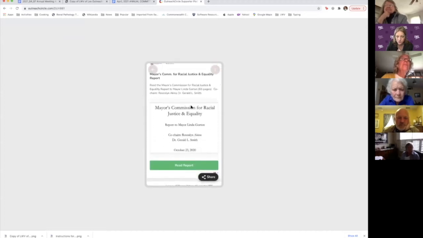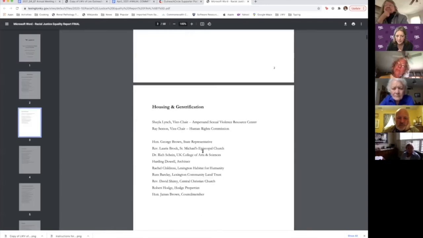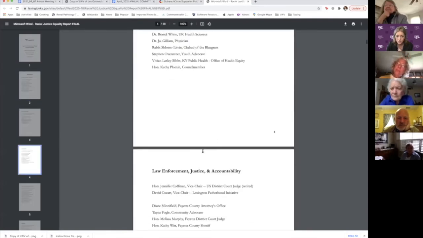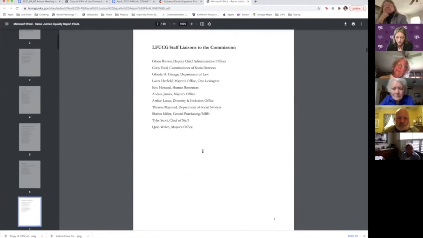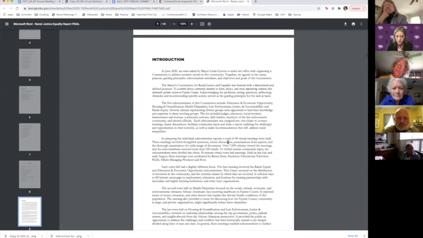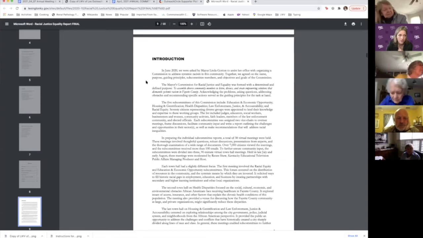But here you can also read the report for the Mayor's Commission. So it's an easy way to access this. I really highly recommend reading this. At the beginning, it gives the introduction. There's a lot of historical information here that I was not aware of. And I think that's really useful.